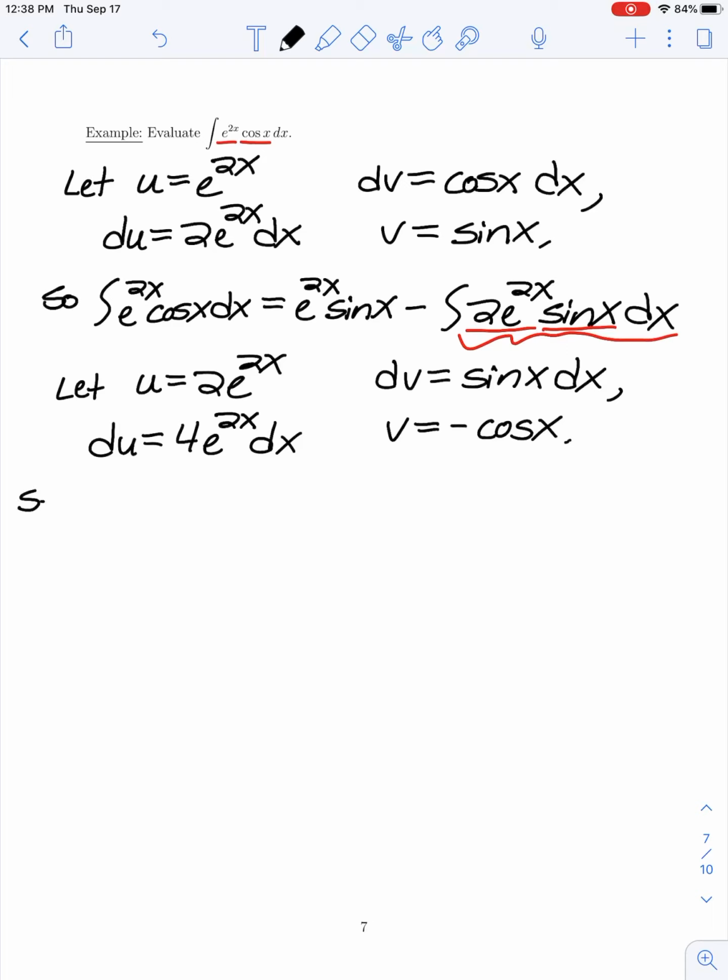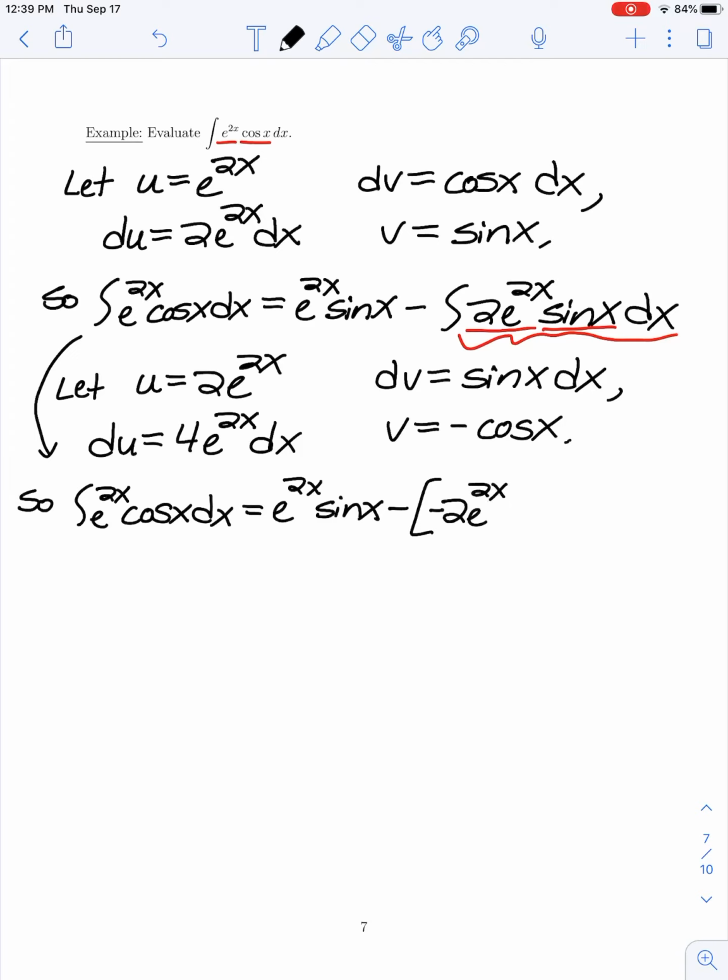So let's see what we have. Our integral that we started with, e to the 2x cosine x dx, is equal to e to the 2x sine x, and then minus, for this new integral, we're applying integration by parts again. So we would first take u times v, which is negative 2 e to the 2x cosine x, and then we would subtract the integral of v times du.